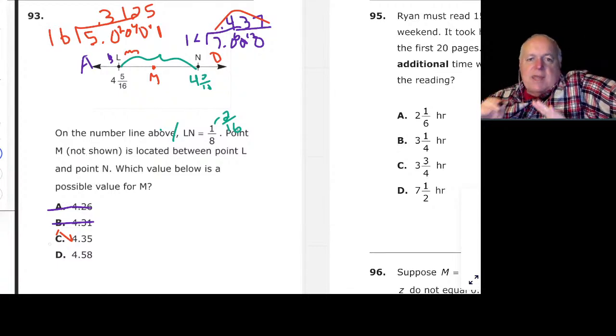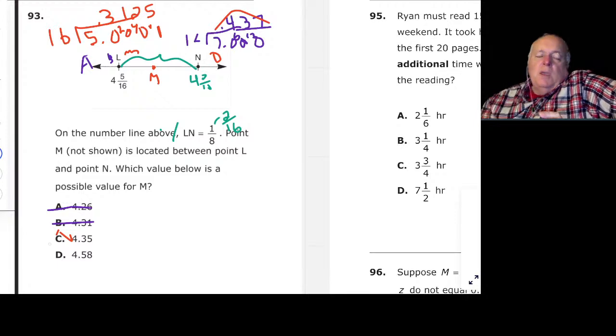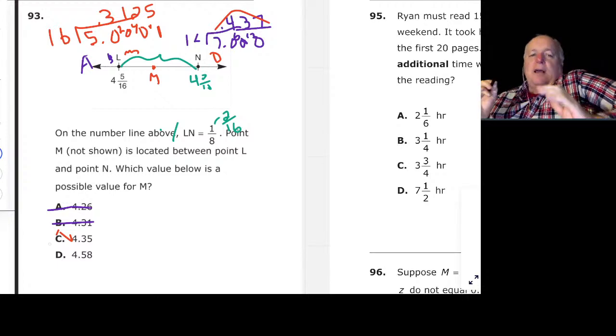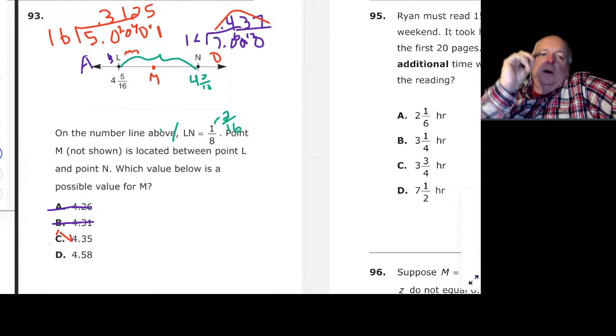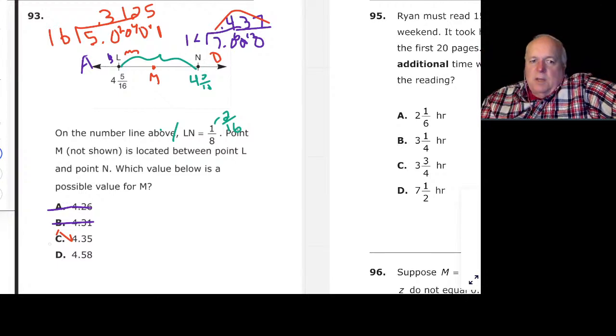So now that all that said, you guys should know all your fractions. You should know a half, a third, a fourth, a fifth, a sixth, a seventh, an eighth, a ninth, a 10th, 11th, a 12th. Okay? Know all the way up to 1 over 12. Okay? So you should have known that 1/8 was 0.125.